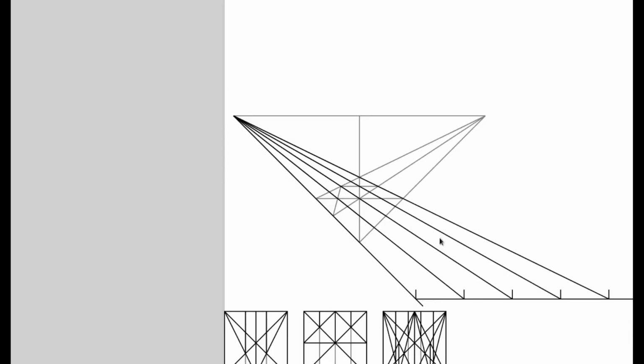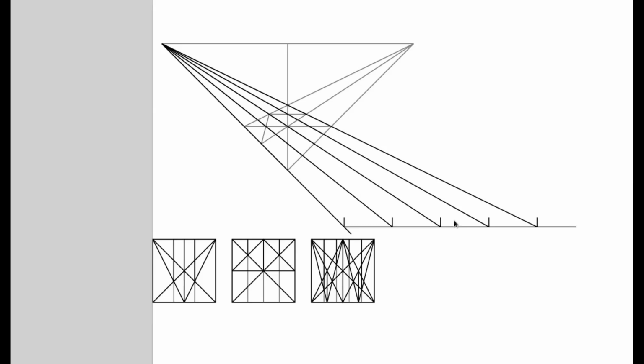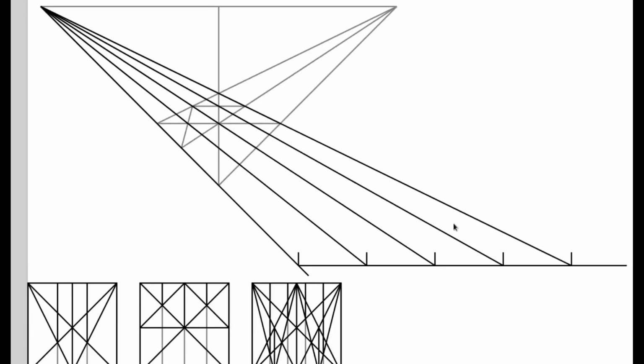Same kind of setup, this time in fourths, and taking some liberty with the distance of this picture line. But you can see these lines still intersect, which means these divisions are correct, even though this line has been placed much further away from the perspective square.